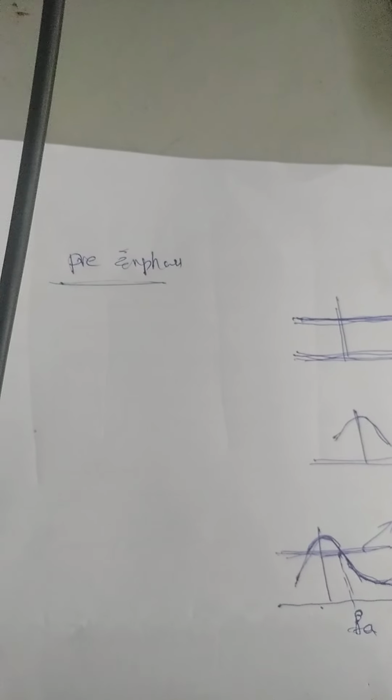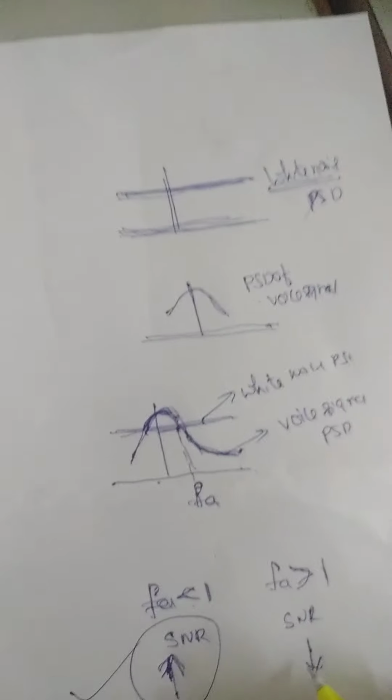Let's treat this term as fa. So at this range fa is less than 1, and if you observe, the voice signal amplitude is more. When fa is greater than 1, the amplitude is decreasing. In terms of SNR, when fa is less than 1 the SNR is increasing, and when fa is greater than 1 the SNR is decreasing.